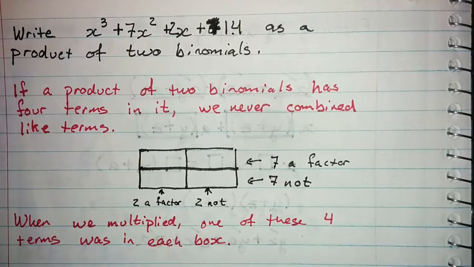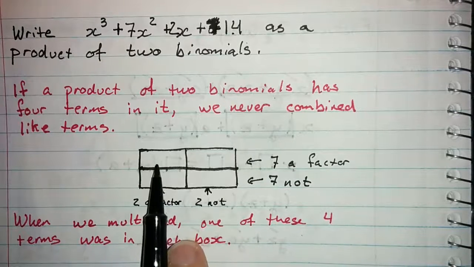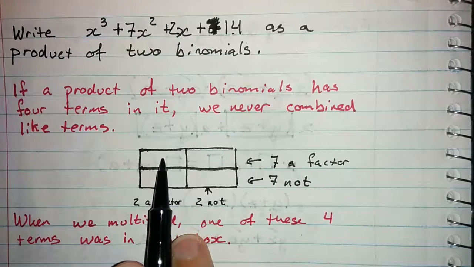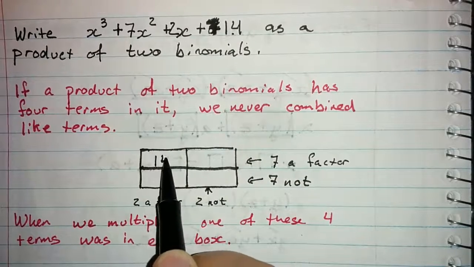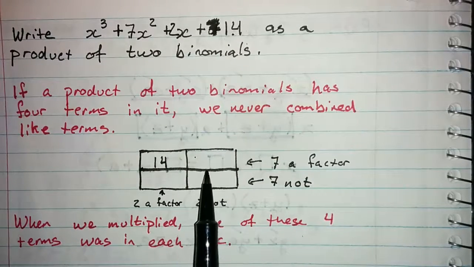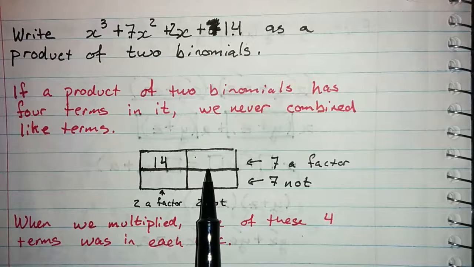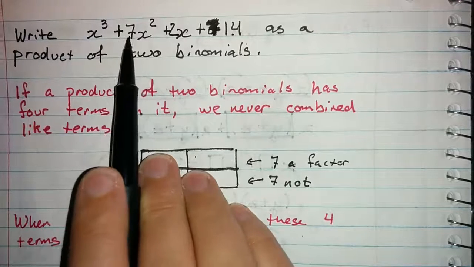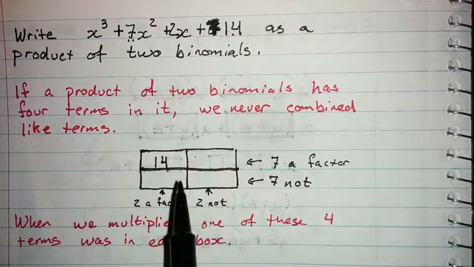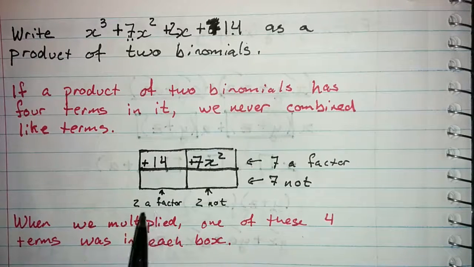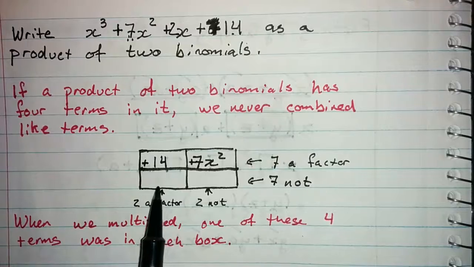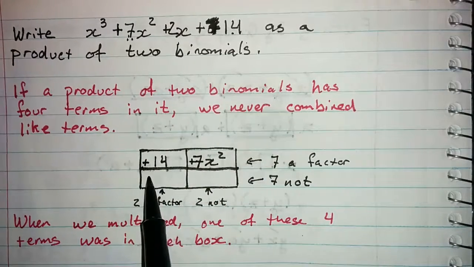What does this look like then? In this box, I want to write the term that has 2 and 7 as factors, so 14. In this box, I want to write the term that has 7 but not 2, so this term. In this box, I'm going to write the term that has 2 but not 7, so this term.